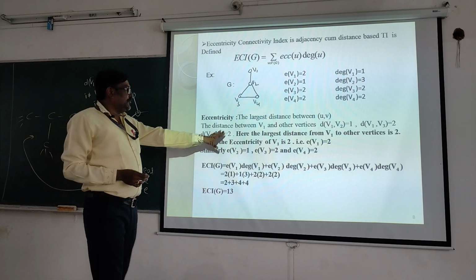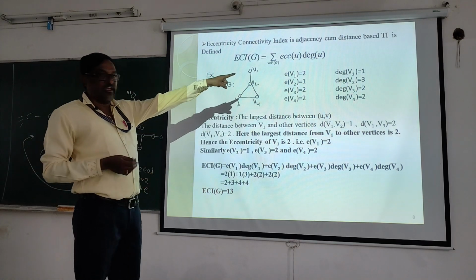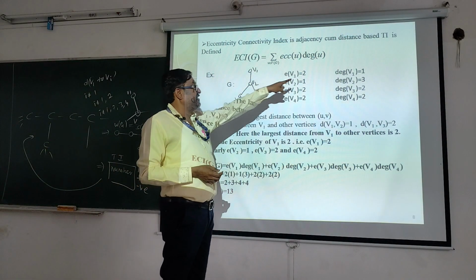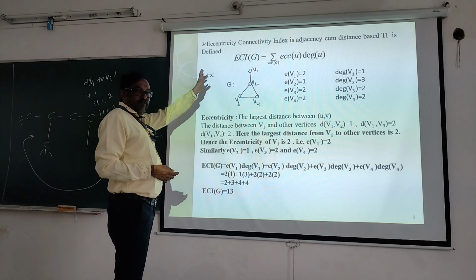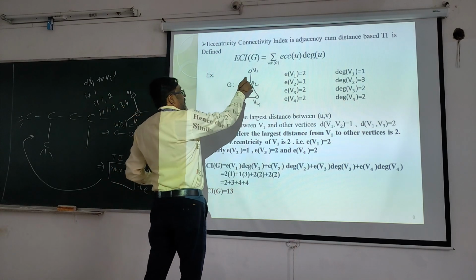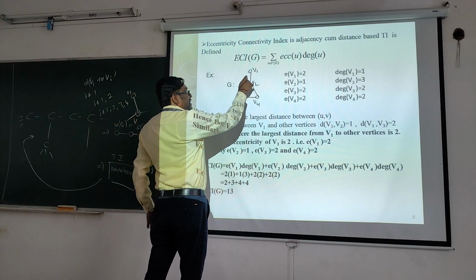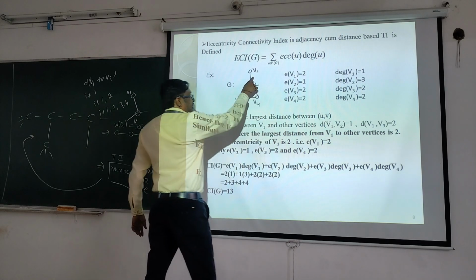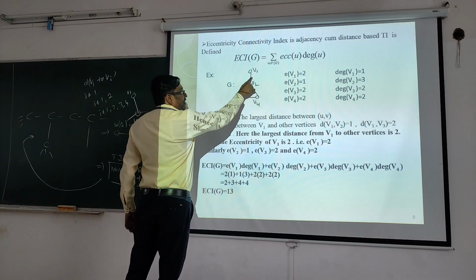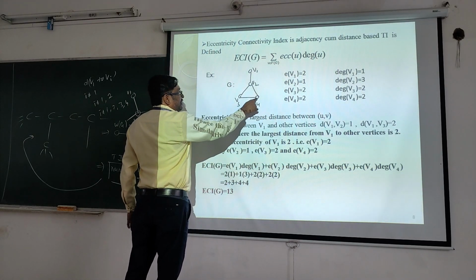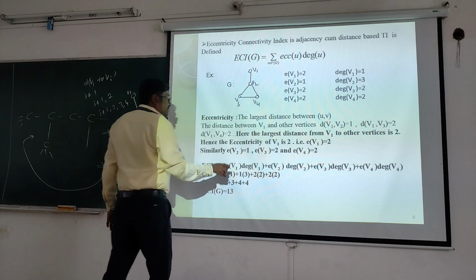So now we are able to find the eccentricity, and I have already explained in the previous session how the degree of V1 can be evaluated: the number of first neighbors. So degree of V1 is 1, degree of V2 is 3, degree of V3 is 2, degree of V4 is 2.